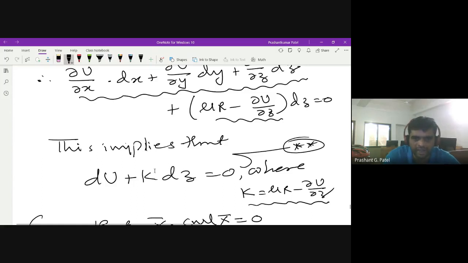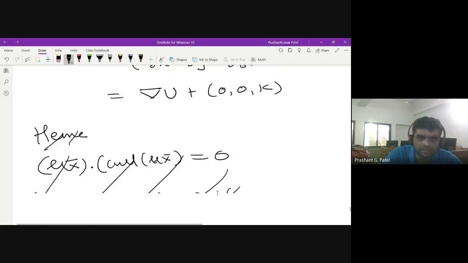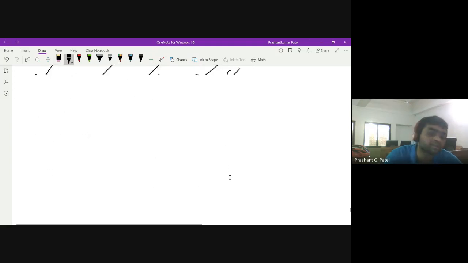So that's why this k is a function of u plus z. And this expression which we got is a first order differential equation. And we know that a first order differential equation, by the existence theorem, will always have a solution. So that possesses a solution.